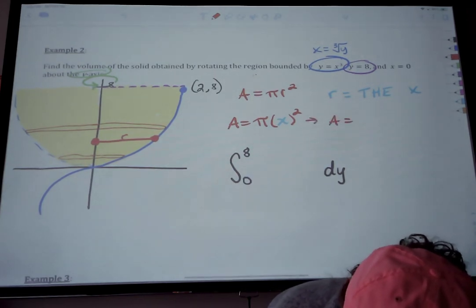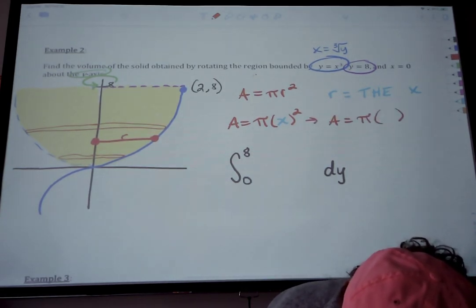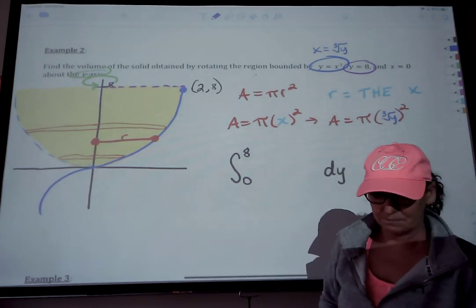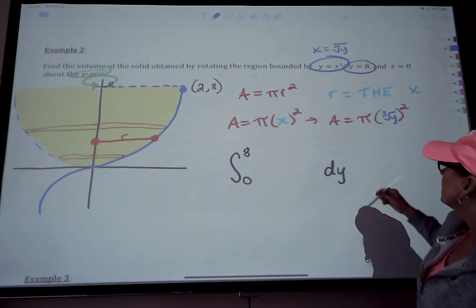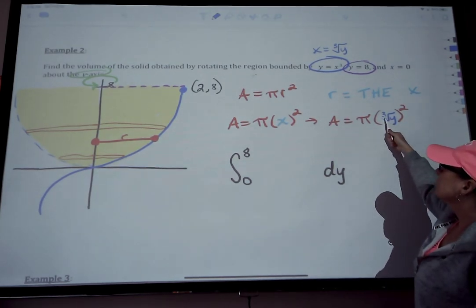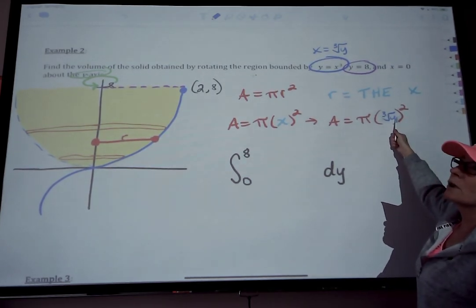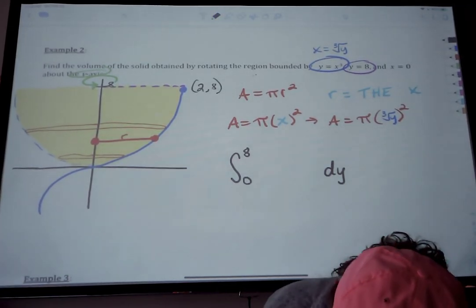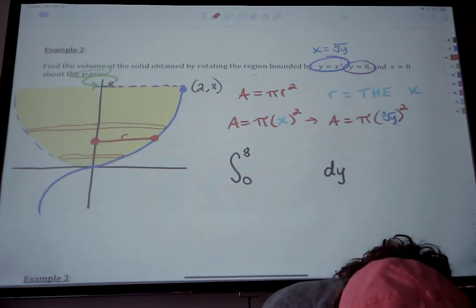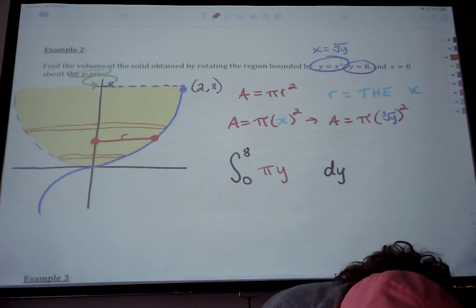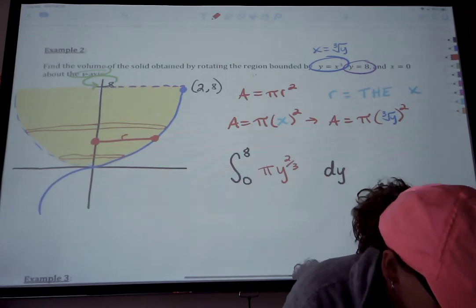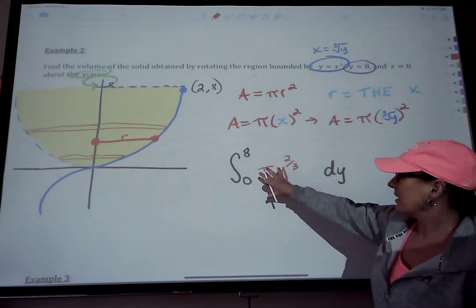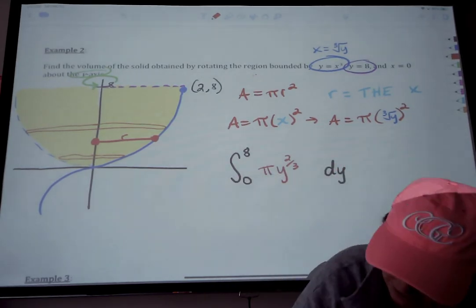So area equals pi times the cube root of y, squared. I could also write this as y to the 2/3 power. You can evaluate like this, or you can pull the constant out in the front.